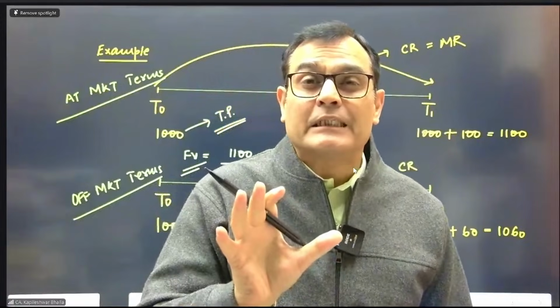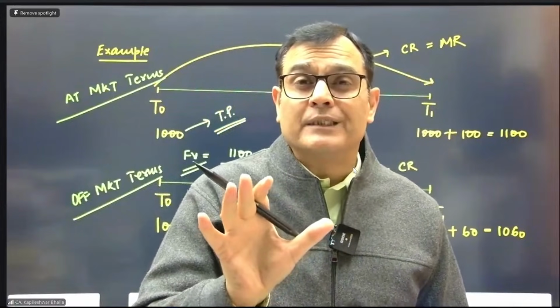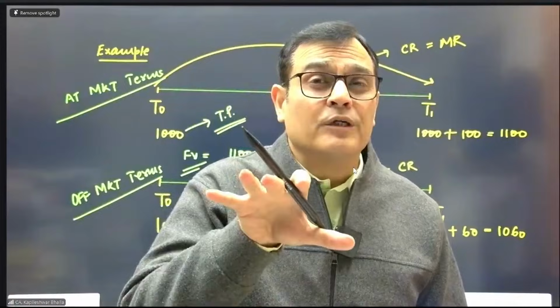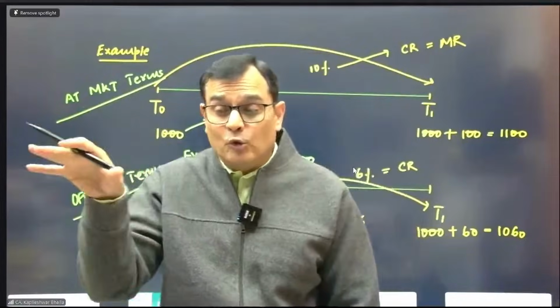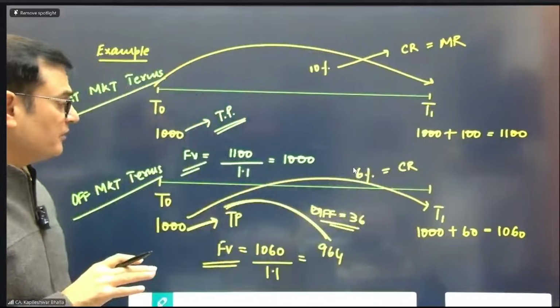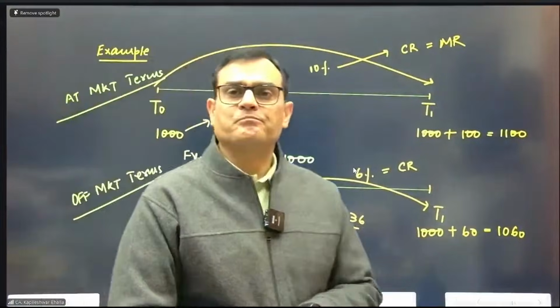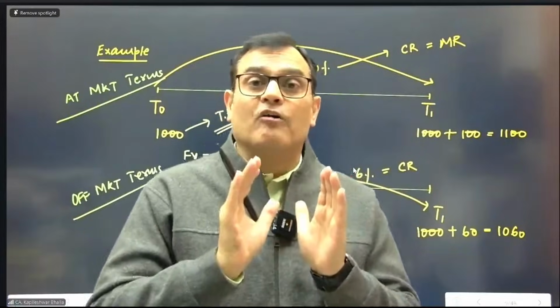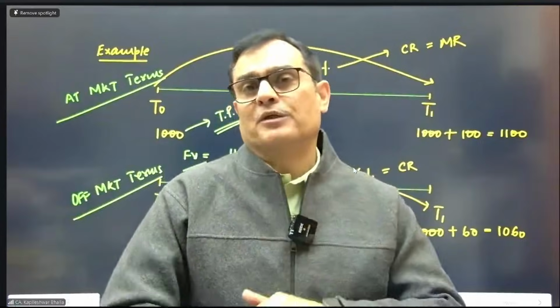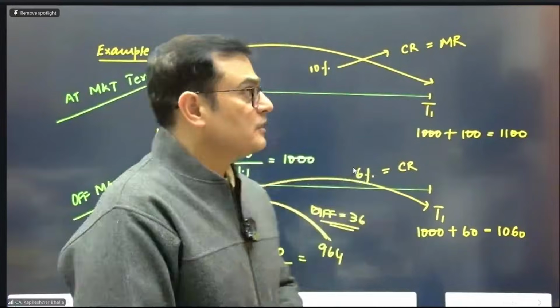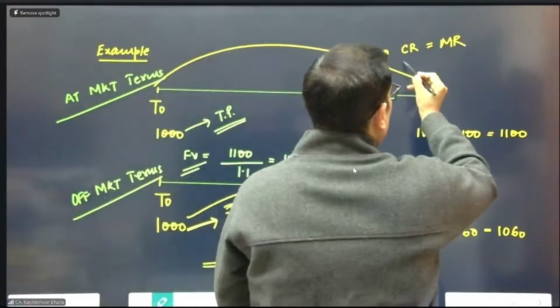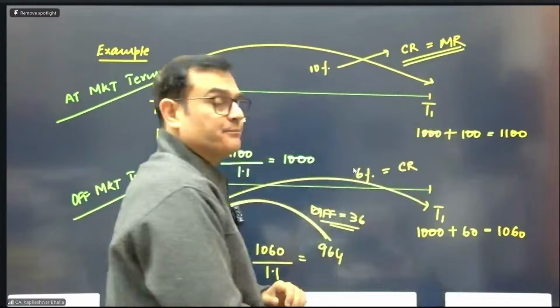Don't take this as an equity component, which you took in the case of the issuer. I'm looking at the holder's perspective. In this particular case, the transaction price and the fair value are different, and this is called an off-market transaction. So your first focus is to see whether the contracted rate and market rate are the same.